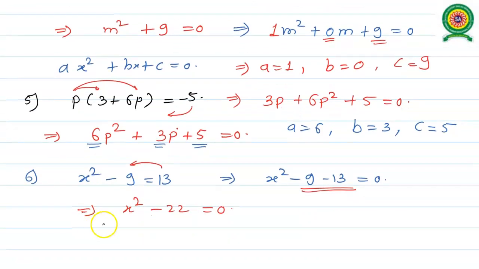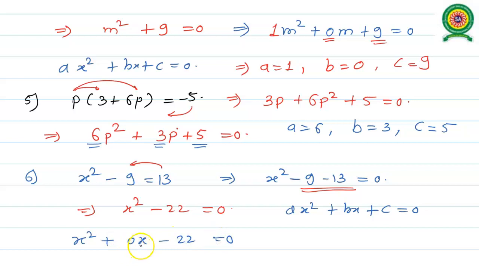Now rearrange the given equation in terms of the general form ax square plus bx plus c equals 0. Here the coefficient of x is not given, so you may consider x square plus 0 into x minus 22 equals 0, because 0 into anything is 0, and 0 plus or minus something gives the same thing.